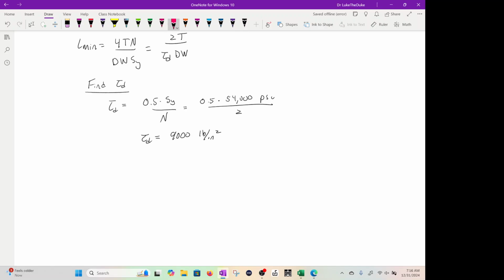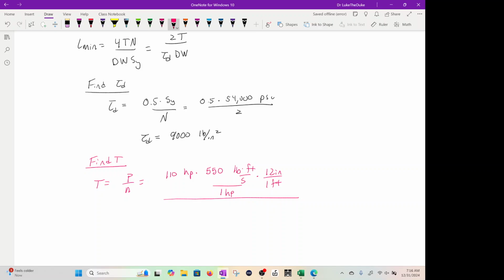Now we're going to look for the torque. Find T. Torque is equal to the power over the RPMs. So 110 horsepower. Got to convert this. There's 550 pound-foot per second in 1 horsepower. Okay. 1 HP. Then we're going to convert this to inches.